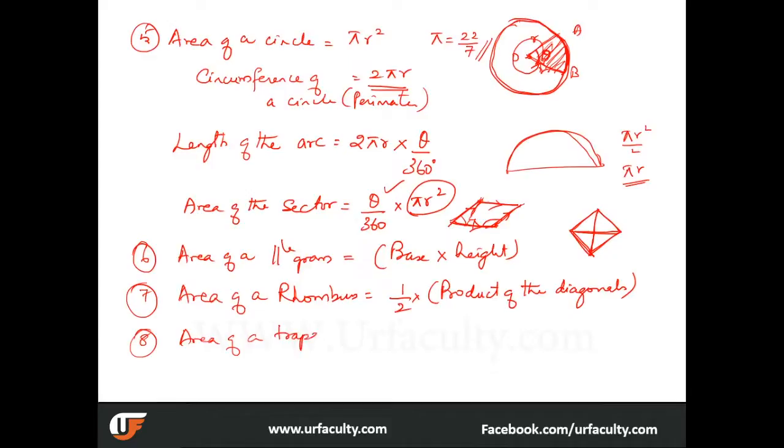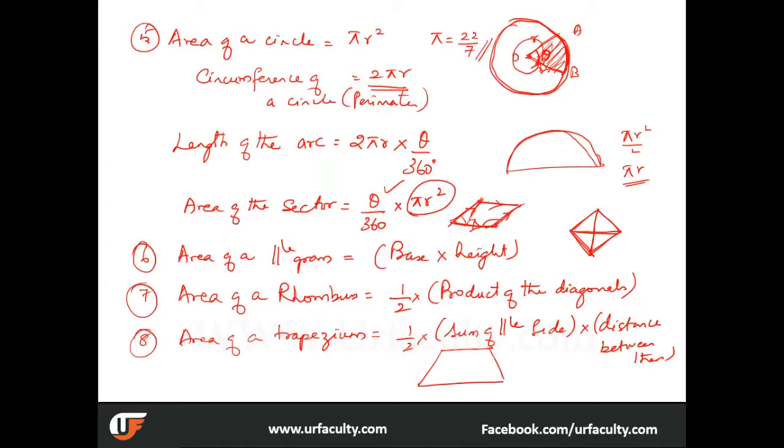trapezium is equal to half into sum of parallel sides into distance between them. Trapezium is again a tricky one, where one pair of opposite sides are parallel, the other two are not.